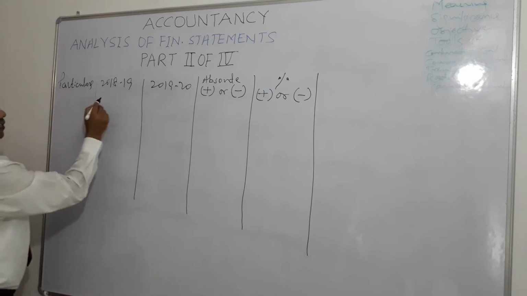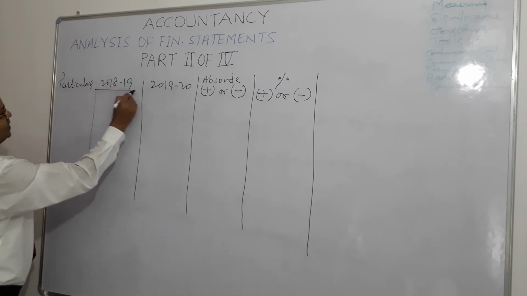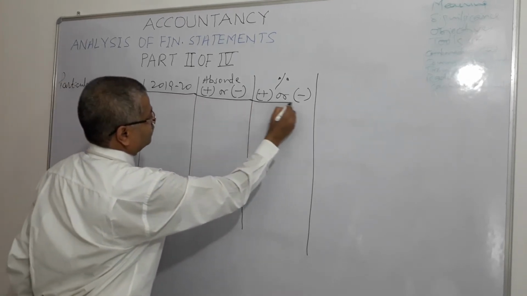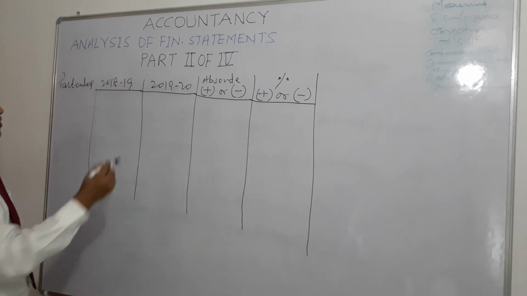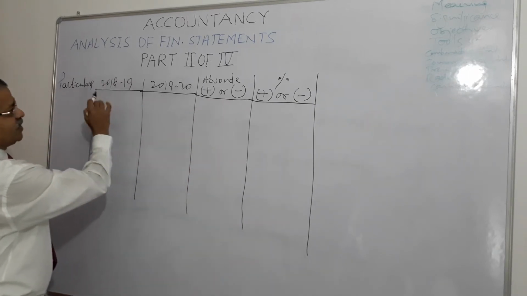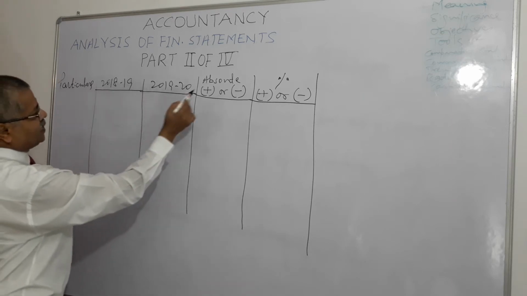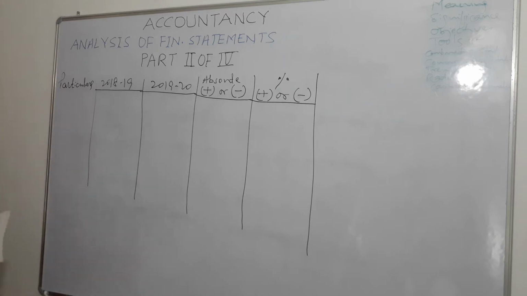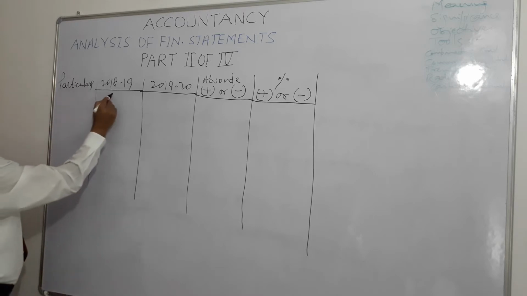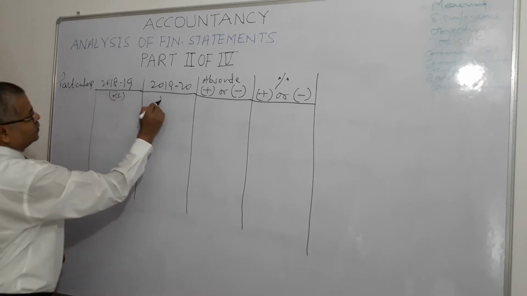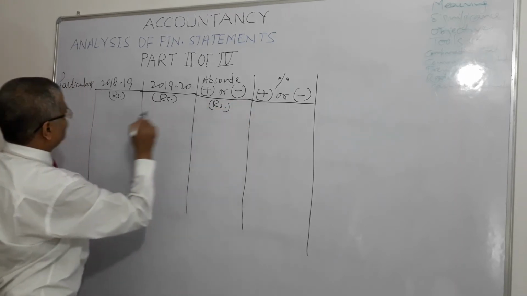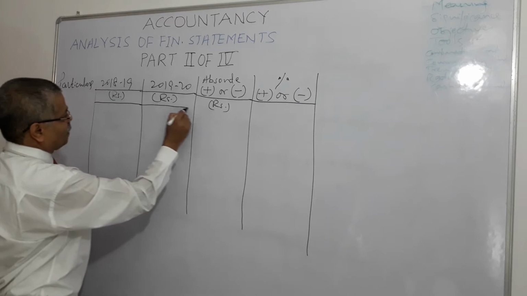So here we have 2018-19, 2019-20, absolute change. What is the change? Change is this minus this, absolute plus or minus, increase or decrease, percentage. This will be in rupees, but this is not rupees, this is percentage, right?